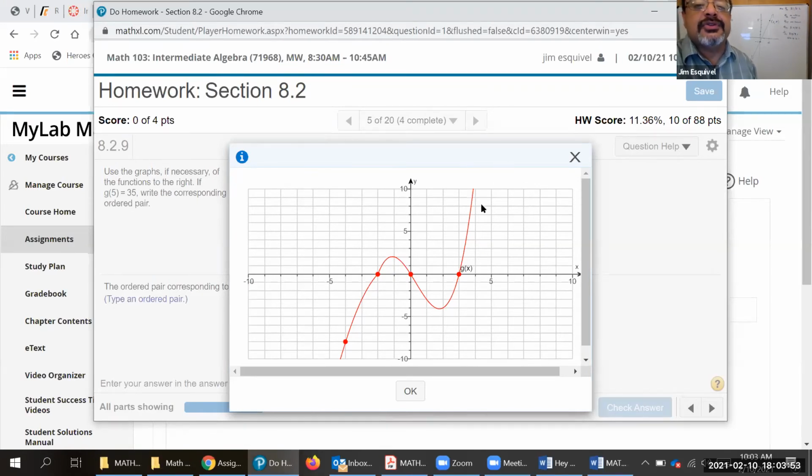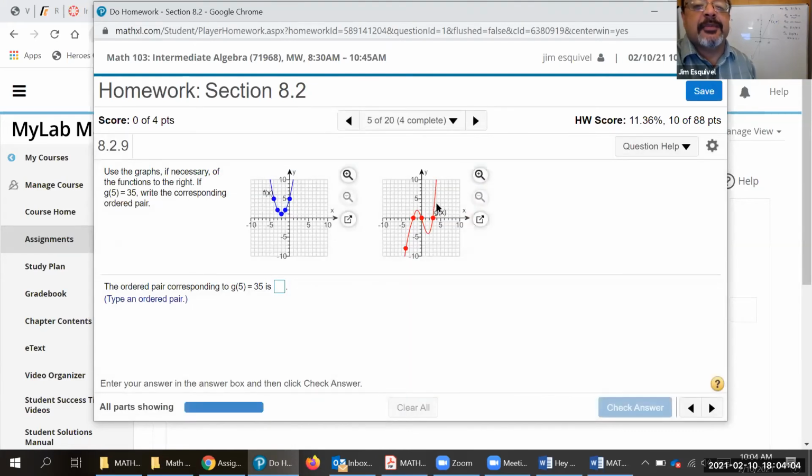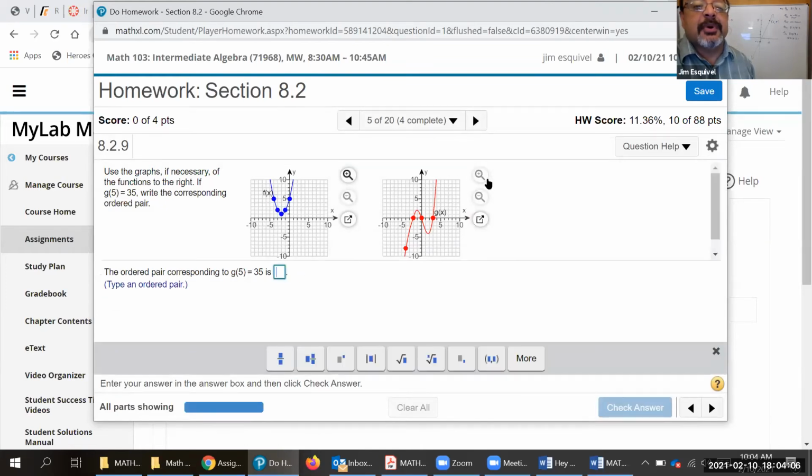You couldn't even use the graph because g of 5 is way up there, it's not even in the picture. So you're not supposed to use the graph. You're supposed to recognize the ordered pair.